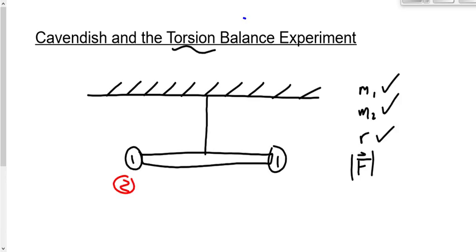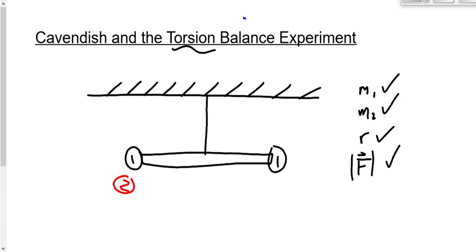Does that make sense? Just like with the swing set, we have an intuitive notion as to how much force is being applied when we twisted a certain amount. He would know how much force was being applied by how much the string twisted.